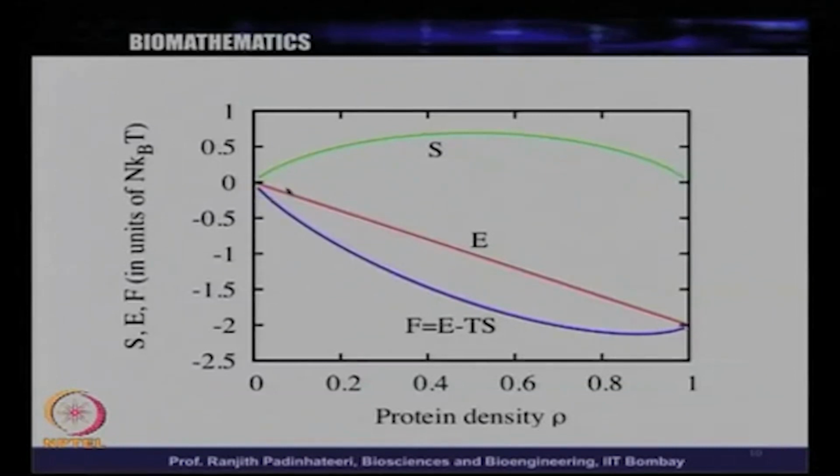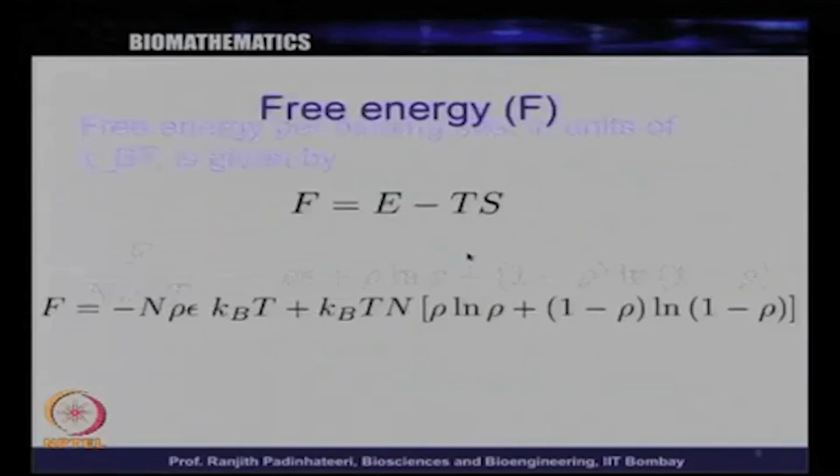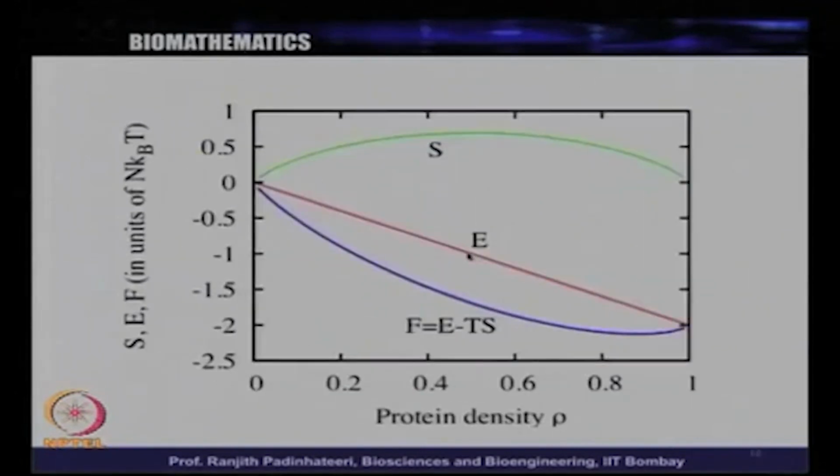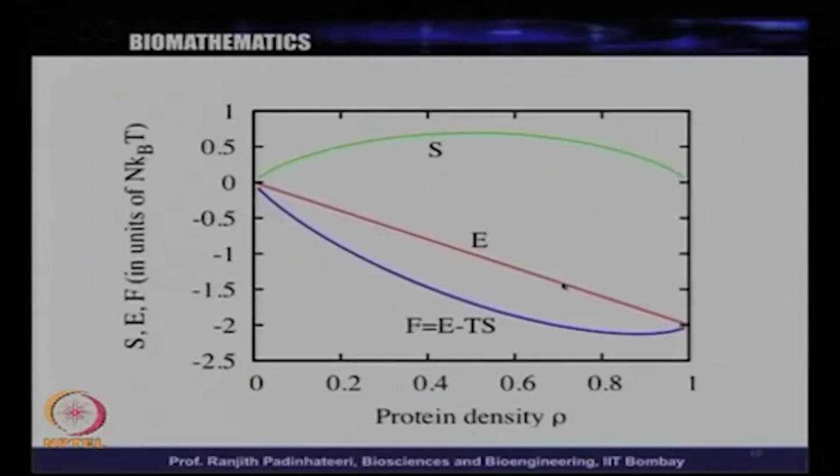The red line is the energy, the green curve is entropy, and the blue curve is the free energy, which is this curve minus T times this curve, so f equals E minus T S. This is energy, the expression we discussed, minus n rho kBt, and you are plotting it as a function of rho.